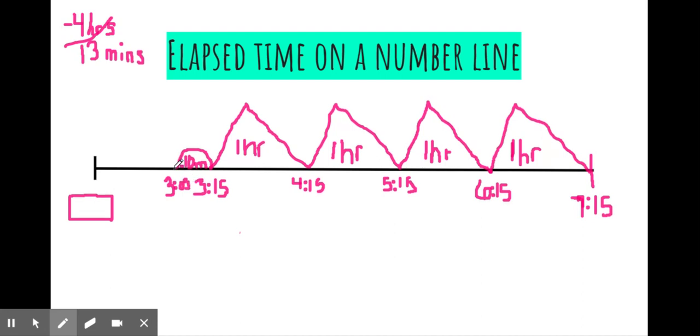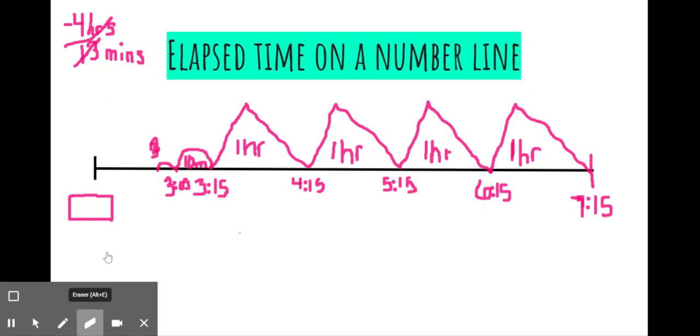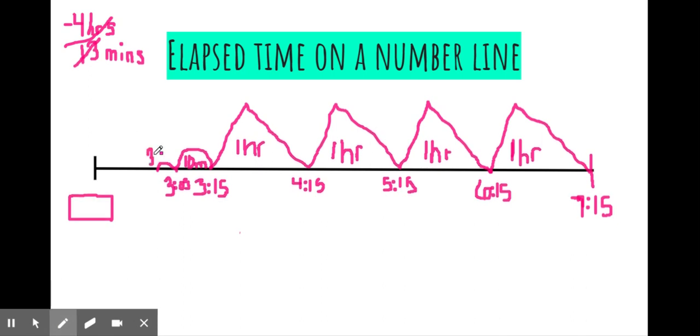All right. And if we take 10 minutes away from 13 minutes, that means we have 3 minutes to subtract. So we're going to do 1. If we subtract a minute from 3:05, we'll be at 3:04. And another rock is going to represent a minute.